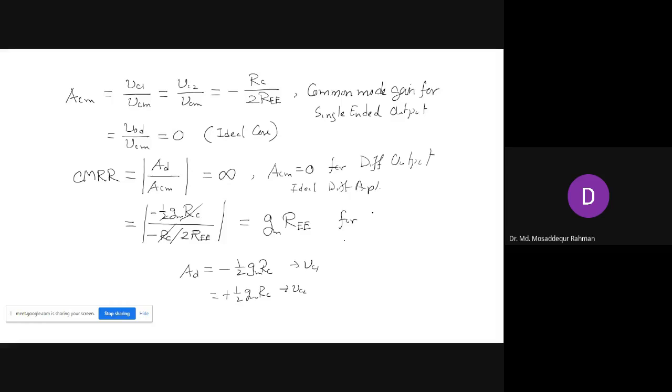That is the CMRR for single-ended output. Any question, guys? No, sir.